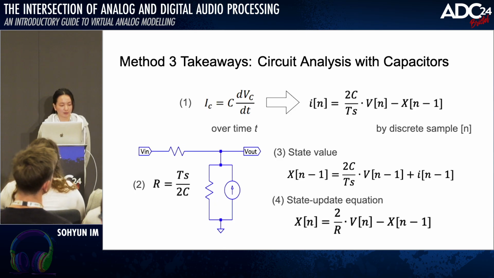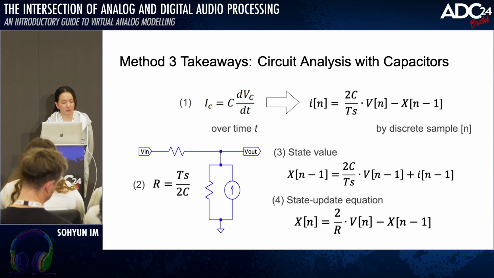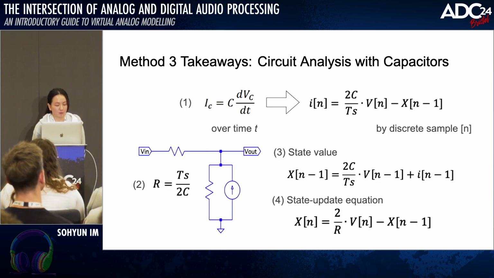Third, the value of the resistor here is the period over 2c, and the state value, x of n minus 1, is a signal affected by the previous signal. And then finally, we achieve the formula for the state update equation.